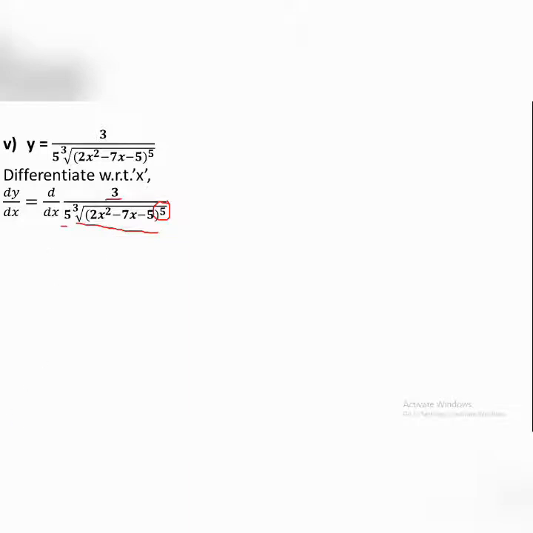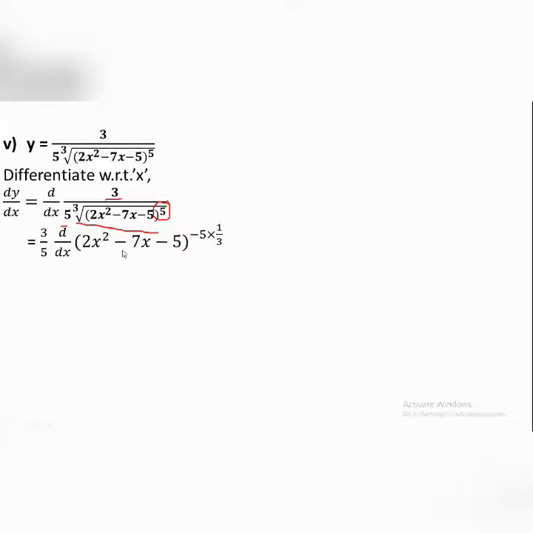So let's see. First of all, we convert into the simplest form. So 3 upon 5 is the constant term, taken outside of the d by dx. Now inside this, 2x square minus 7x minus 5 is in the denominator, take it into the numerator.